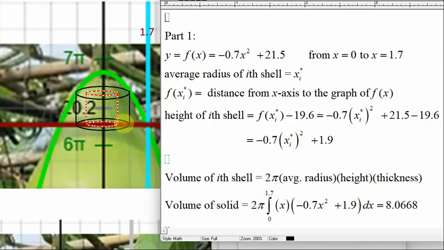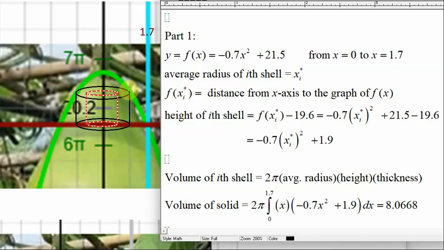Right in the middle, which is the average radius of this shell, let's call it x of i star. The height of this shell will be the distance from the line 19.6 up to the graph.